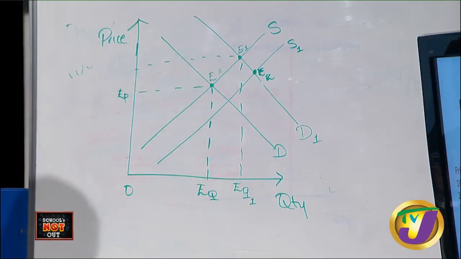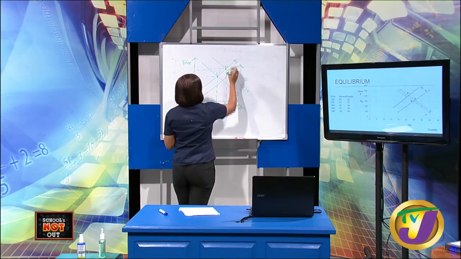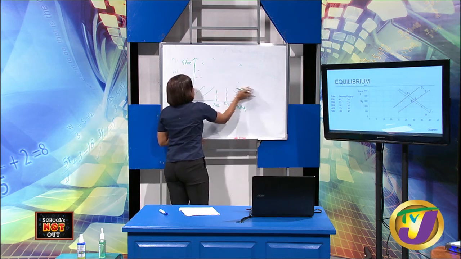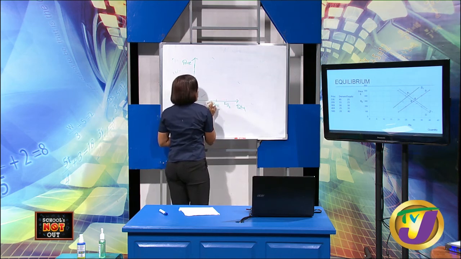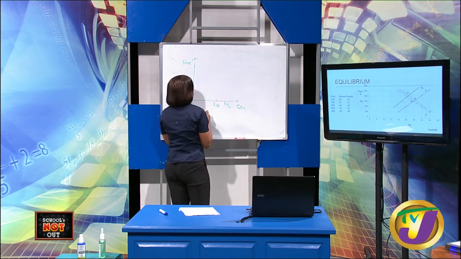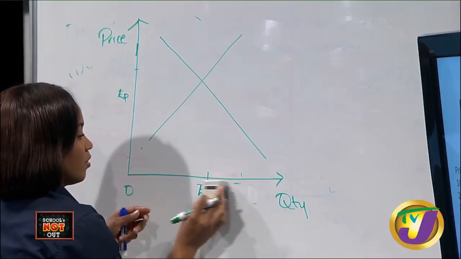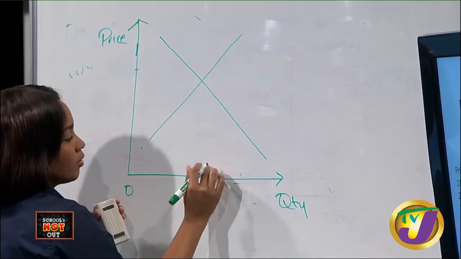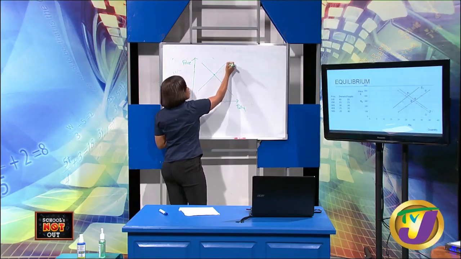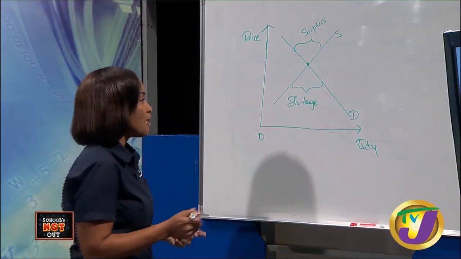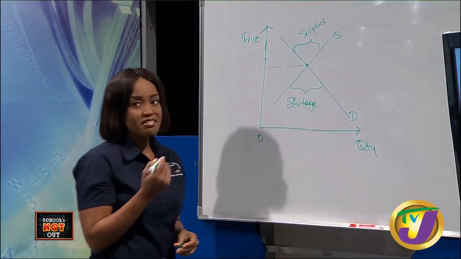And finally, we want to look at shortages and surplus in a market. I wanted to point out that any point above the equilibrium is referred to as a surplus.